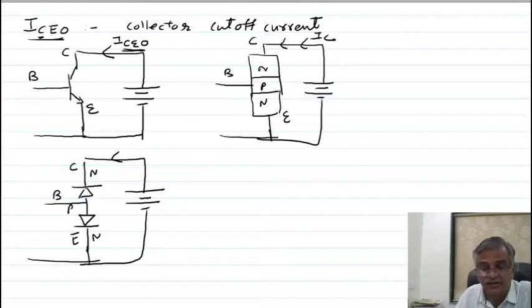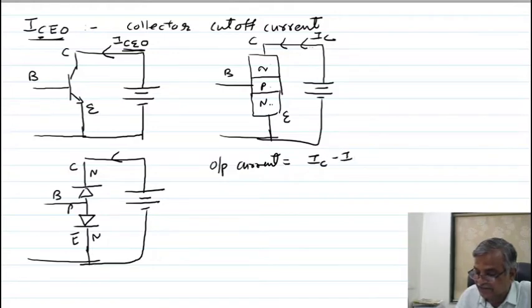So the current flowing in the output section is the sum of the current due to the electrons of the emitter and the electrons of the base. So the actual output current due to the emitter electron is IC minus ICEO.